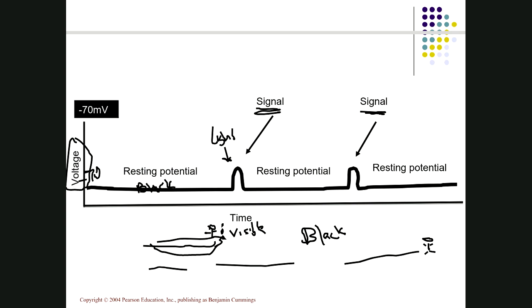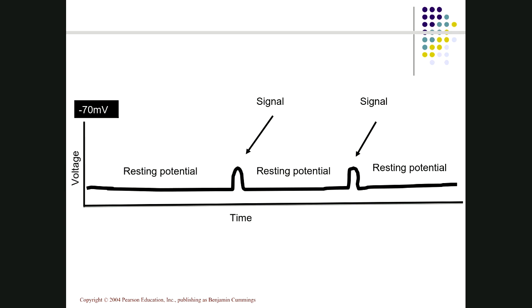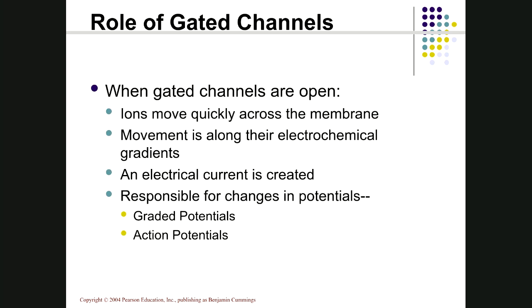So what we're going to do is we're going to have to change this voltage to produce this signal. And so we can't use leak channels because leak channels are always open. So what we're going to have to use are gated channels. Remember, gated channels can be open or closed.